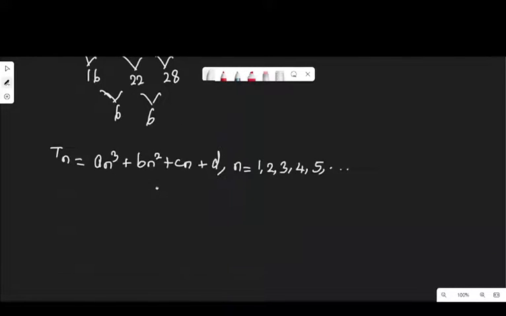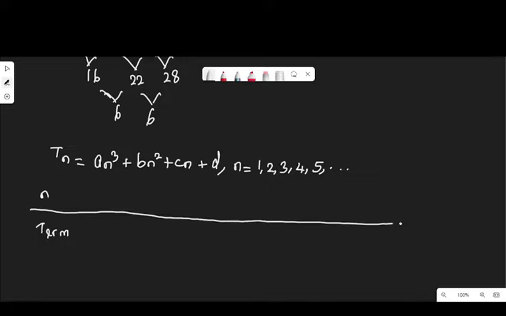We prepare another table like we did in our previous lesson on sequences with quadratic rule. If you have not gone through that lesson, I recommend you go through it because this is an extension of that lesson. So if n is equal to 1, when we put 1 into this equation, we have a plus b plus c plus d.